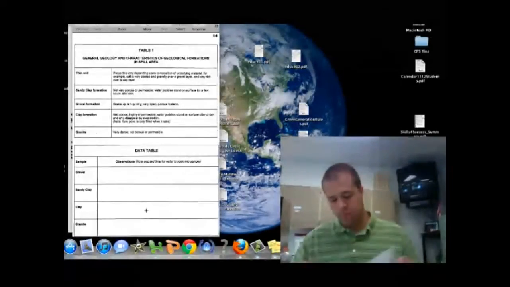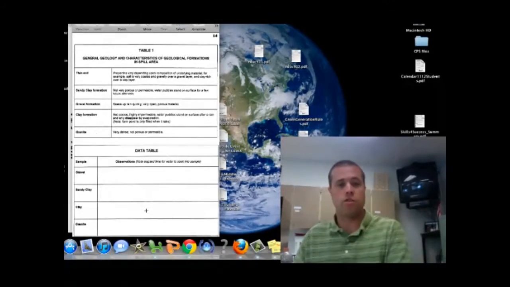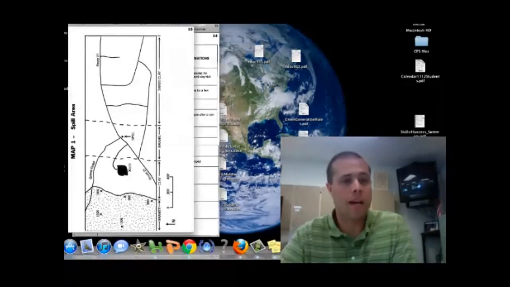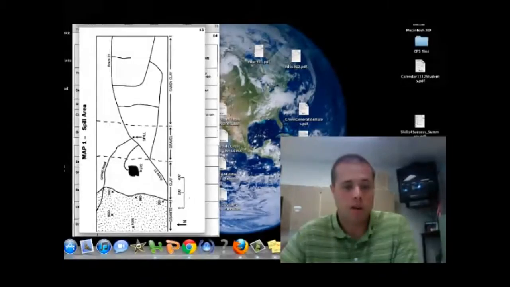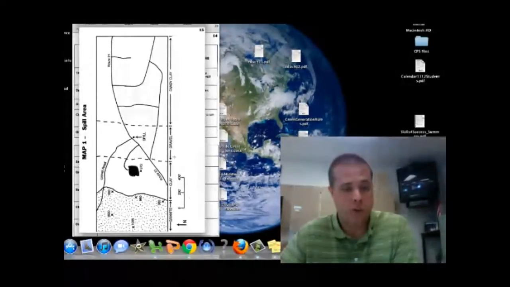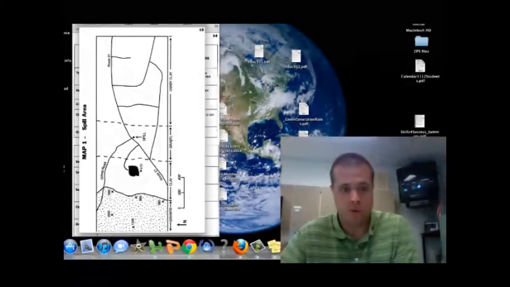After that, I need you to flip the page, and you should probably go ahead and be looking at map 1 again, and note where each of our sediments are on the surface. At our spill site, we had the gravel, and we've just proved that that is the most porous, unfortunately for us.